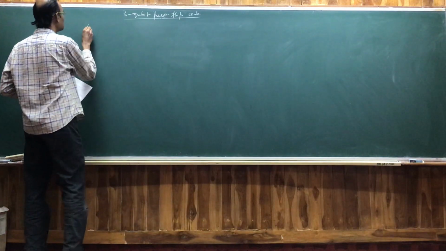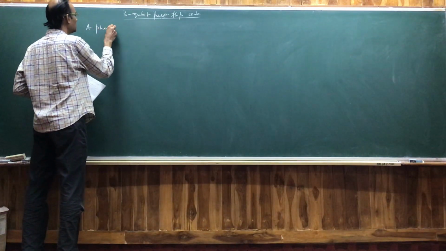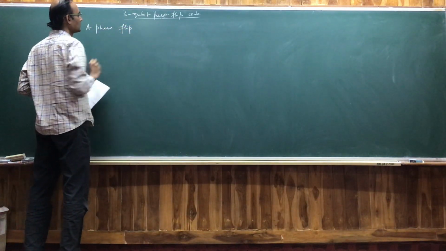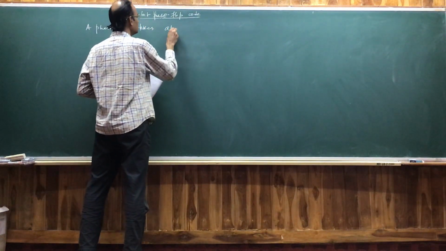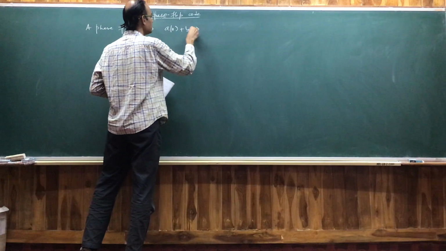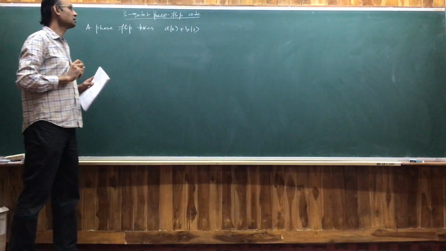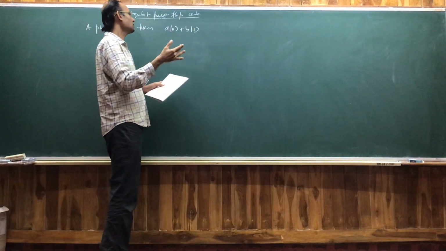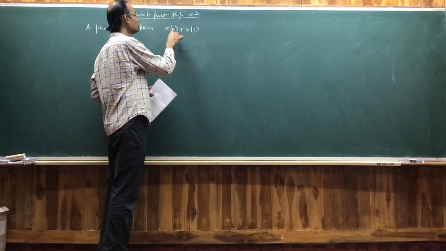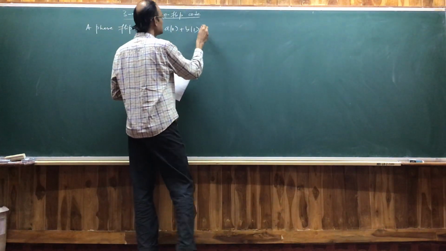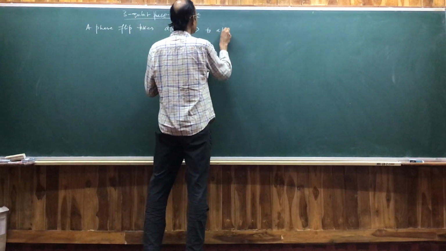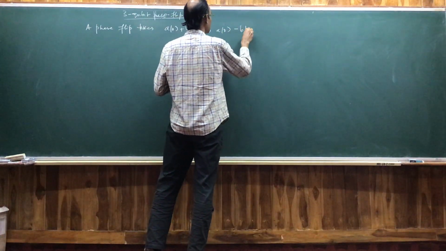So phase flip takes, we still have our original qubit like in the previous case. In the previous case, the error that could have happened was this would go to A1 plus B0, but in this case, this is taken to A0 minus B1.